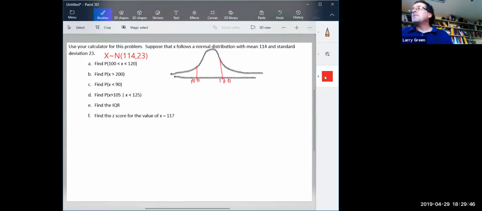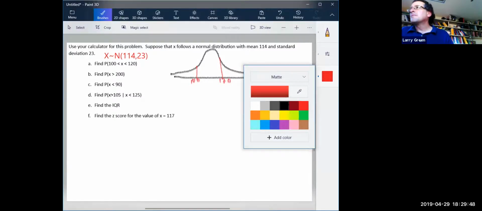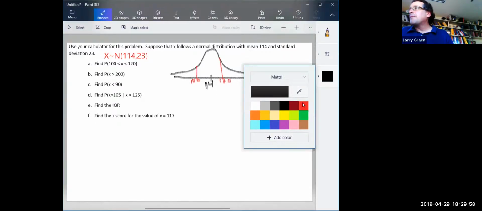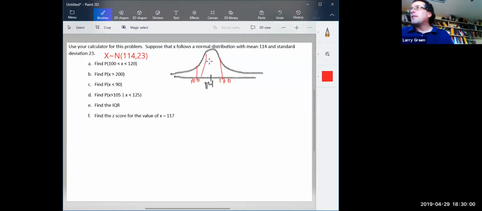Okay, and the mean, by the way, was 114. And what we want is the middle area because the x's between those two. Any questions so far?